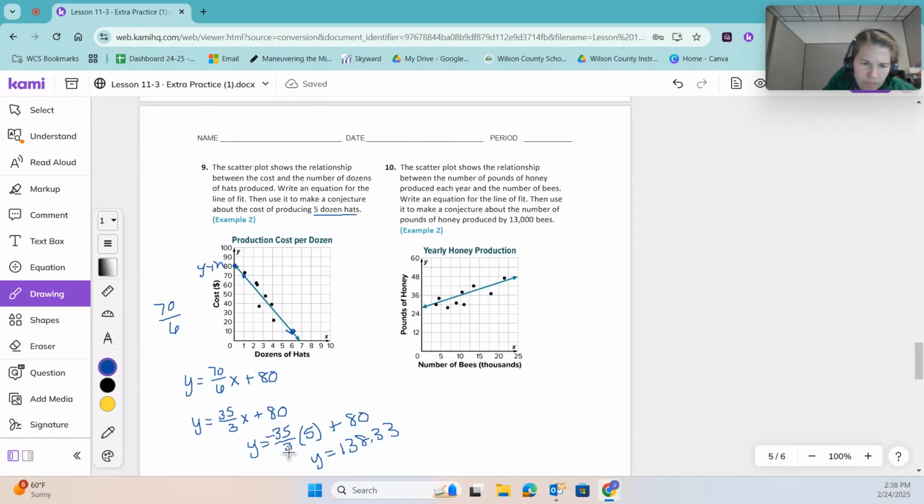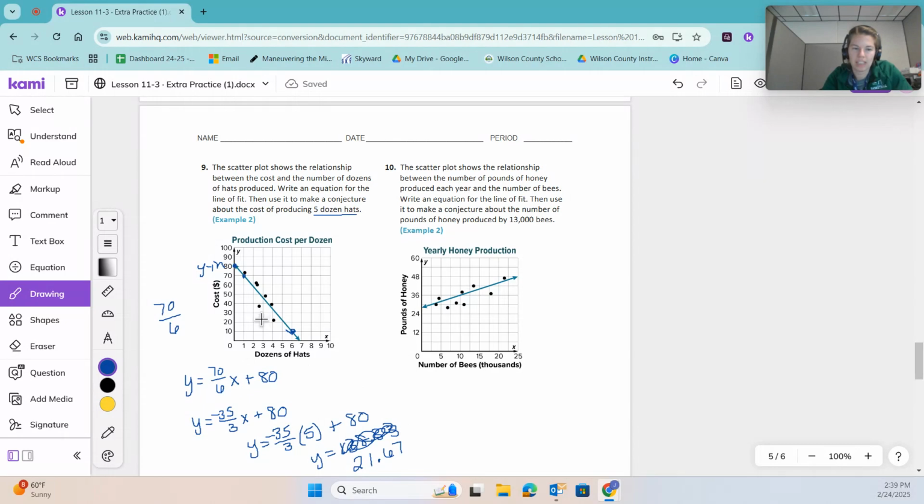Oops, this is a negative slope. So we actually need to go back and type in negative, and then plus your 80. So $21.67 is actually the answer.